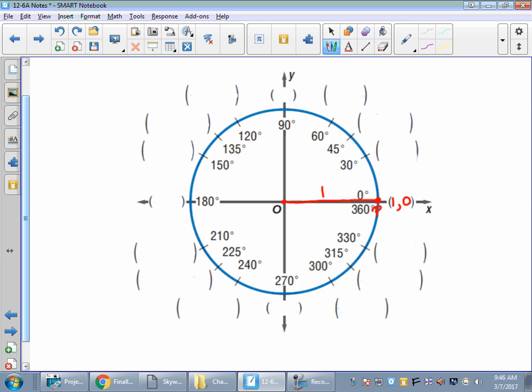And so the ordered pair (1, 0) is telling me that the sine of 360 degrees is 0, and that the cosine of 360 degrees is equal to 1. If we have those two values, we can actually find all the other values of the trig functions. And so we have sine and cosine, and we can find the rest of the quadrantals.